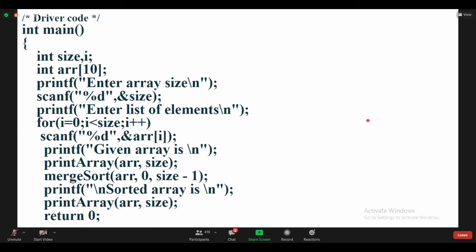Yes, M is equal to L plus R by 2. I explained the print array function. I write it in one more place. One function is there, the print array function.